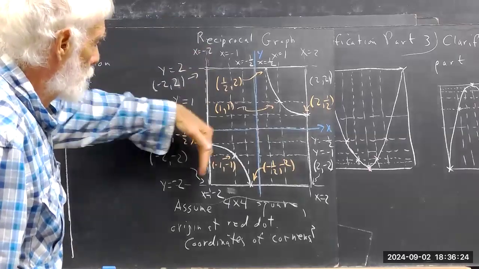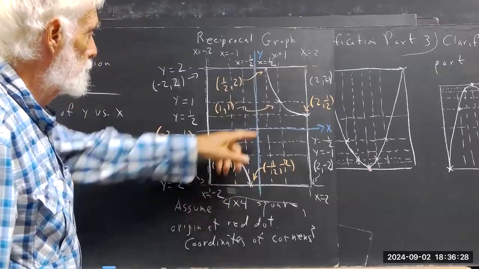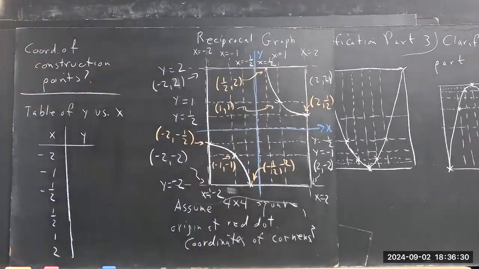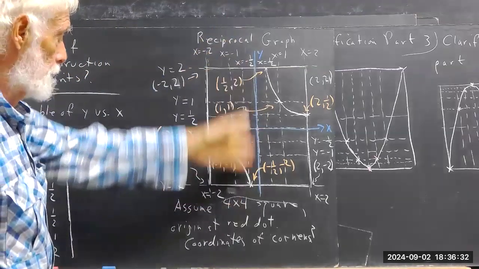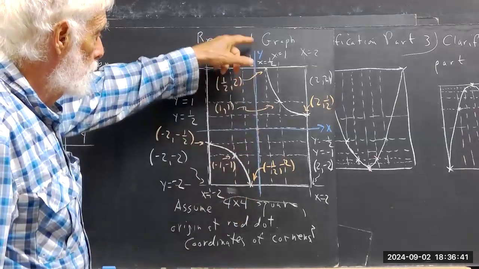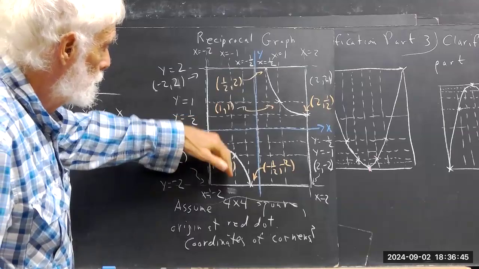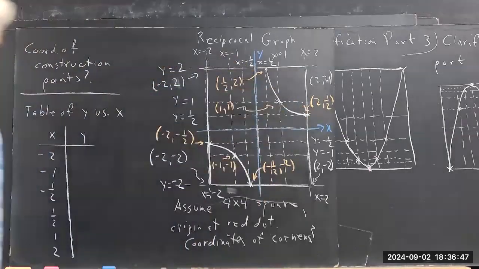Just vertical lines. We don't include x equals 0 because there's no point on the center vertical line. Let's make sure we understand why, and understand that since there can be no point here, these two curves have to remain separate.